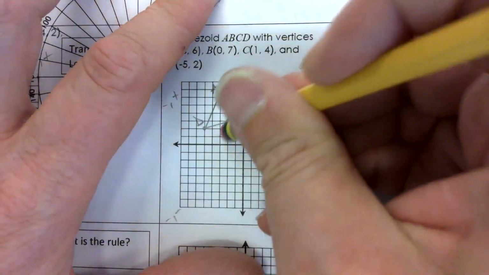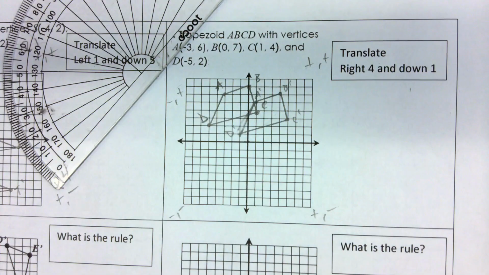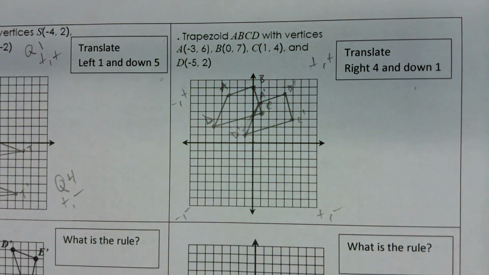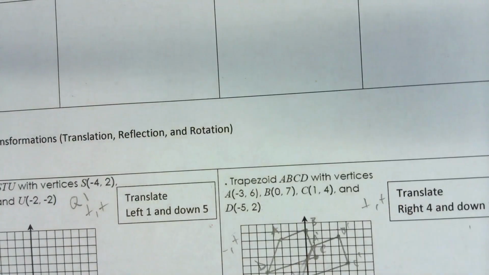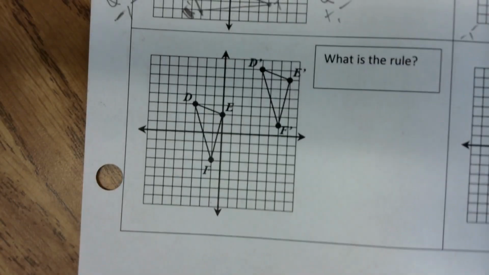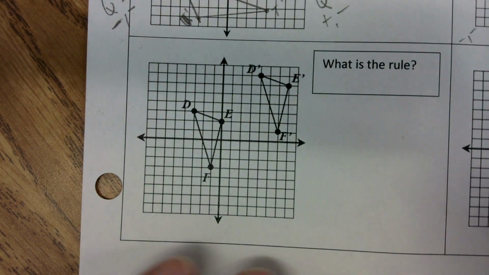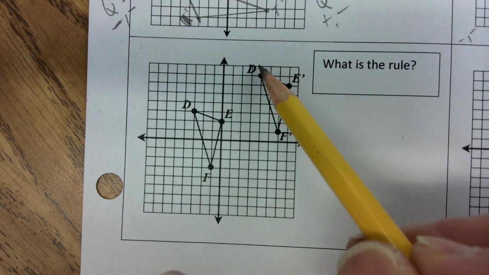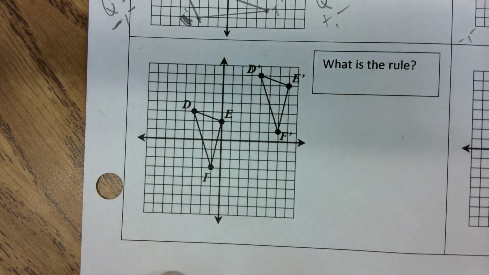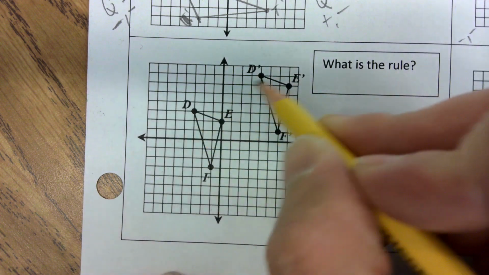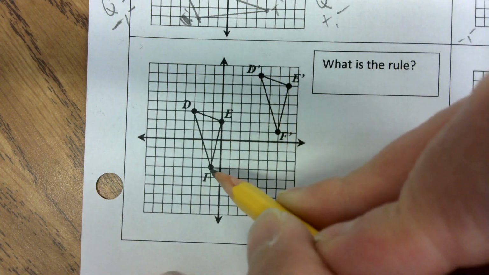Alright, let's see here. Erase that a little bit. And we should have these two shapes very, very similar to each other. Should be pretty much the exact same, or as close as I can get with my non-robot hands. So we have here, what is the rule, basically what happened after a translation. I've got to figure out that this is the original, this is the new one. I know this is the new one, or the image, with the prime notation, those little apostrophes. So I just count. I know it's going right and up, and I just counted out from D to D prime, E to E prime, or F to F prime.